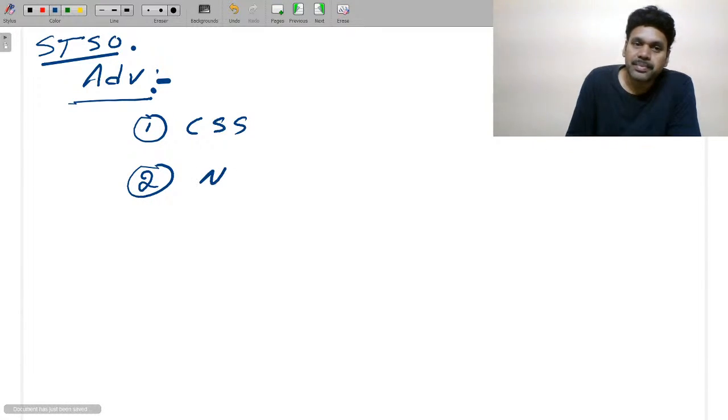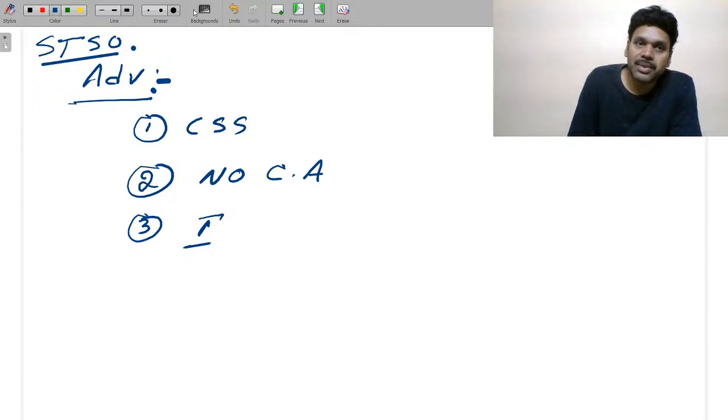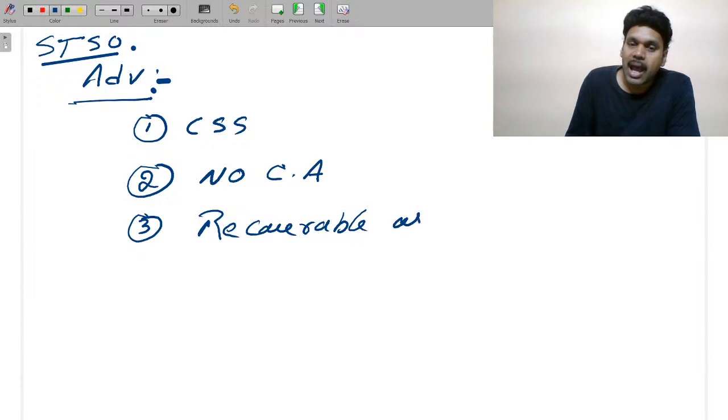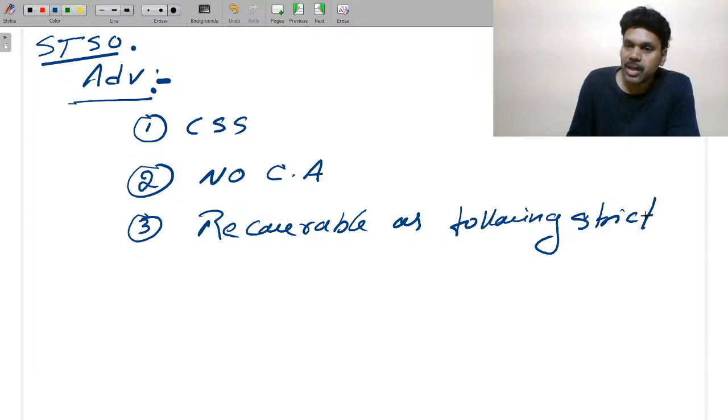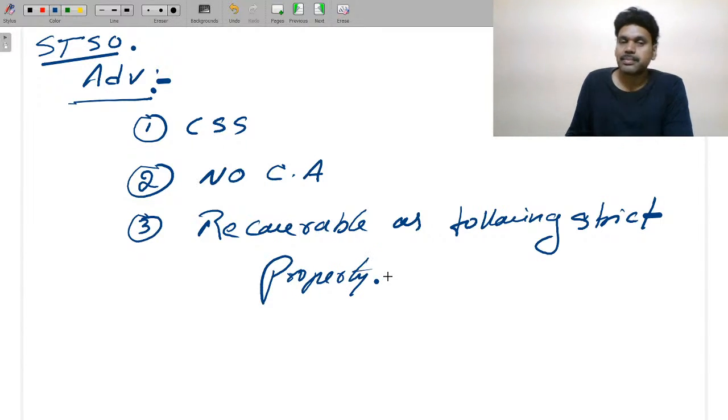Point number 2, no cascading aborts. Point number 3, it always gives you recoverable schedules, as it follows a strict property.